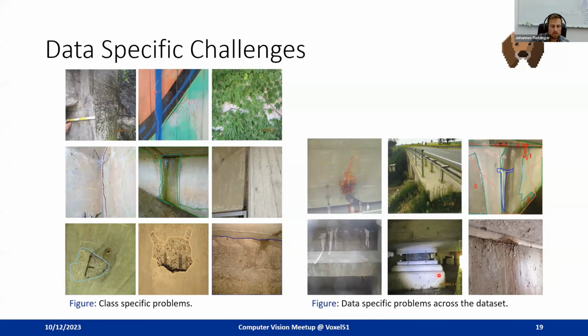You can see people using flashlights for the inspection. And on the most right side in the bottom row, you can see also some partial reflections in the image. All right, those are a few examples that show the challenges of our data.